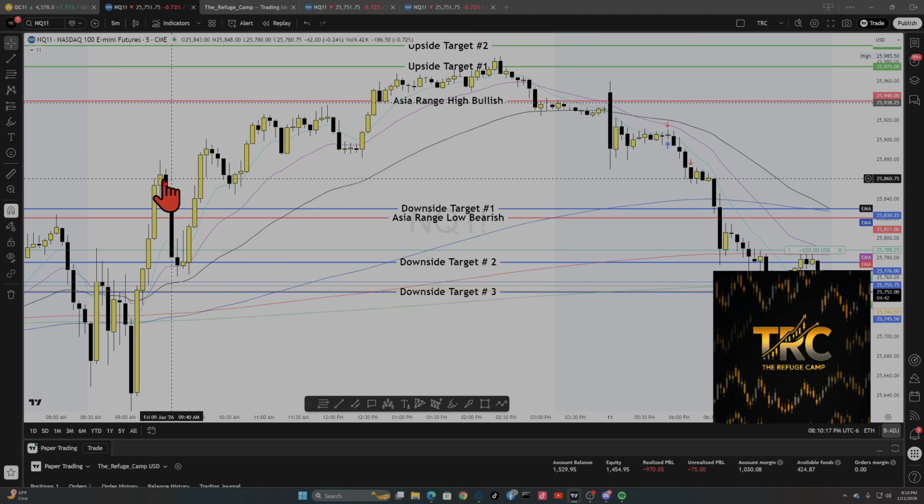A solid flag is always going to defend the gains it made. And what I mean by that is this flag defended all of the gains that it made. And this is why I say you don't put all your eggs in a basket on a fair value gap, because look, you left one here and it never got retested.